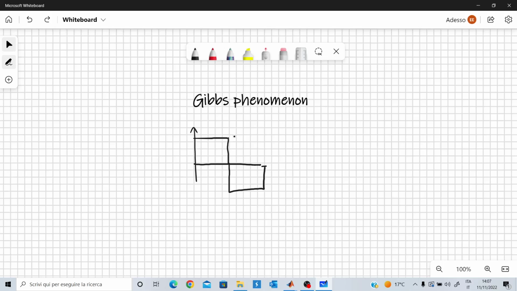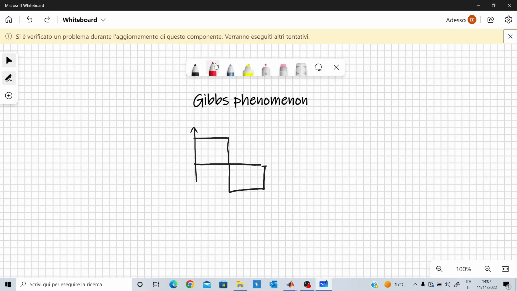Well, what happens is that if we want to represent this function by using a Fourier series, it means that basically this function is periodically repeated in some kind of interval, so the function repeats periodically like this, and so on and so forth.